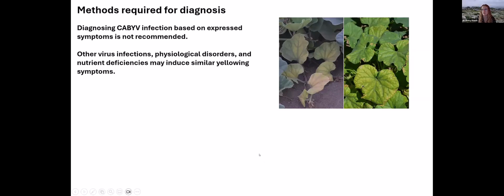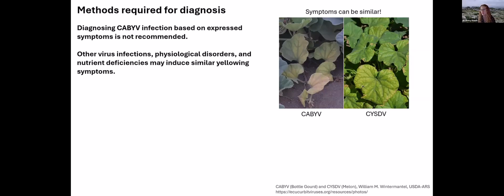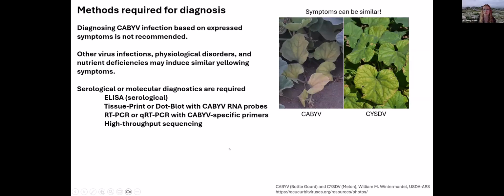They look almost identical in terms of their symptoms, but these are two very different viruses. The one on the right is a whitefly transmitted virus that was talked about in the previous webinar. But their symptoms are almost identical in cucurbits. So we can't use symptoms to diagnose CABYV infections.